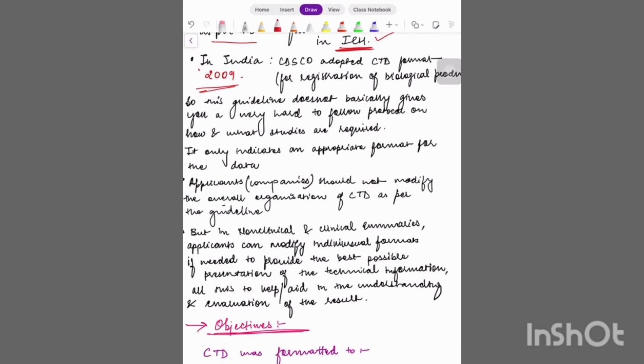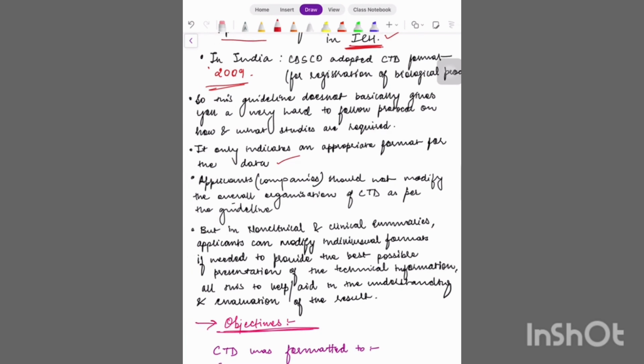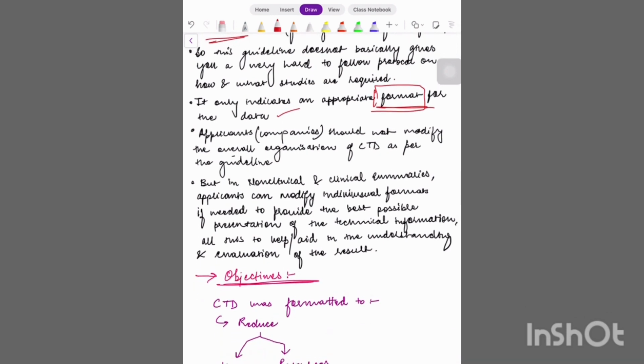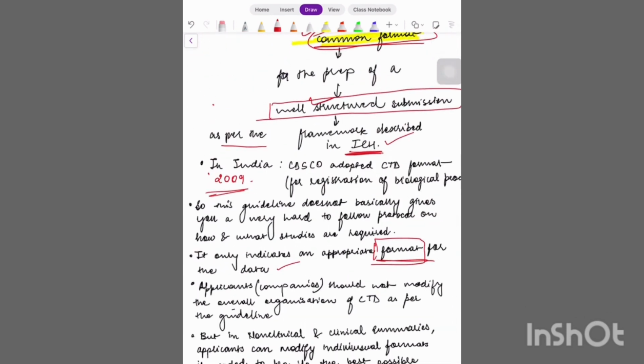So this guideline does not give you a hard-to-follow protocol. It is not that they will tell you to do only these many or that many studies. It does not intend to indicate what studies are required or how to do them. It only indicates an appropriate format for the data, how you will have to present it and structure the submission.